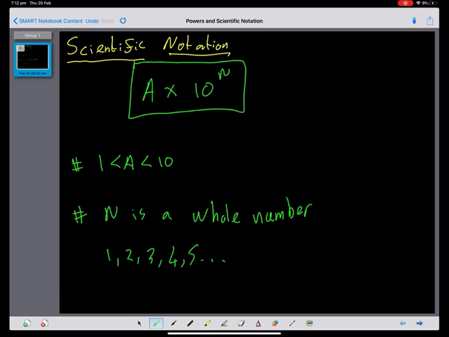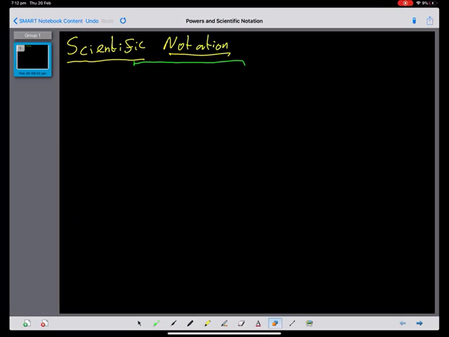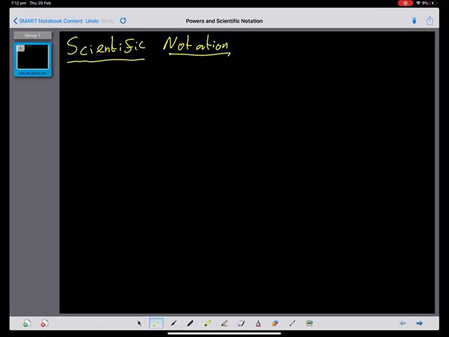Okay, so let's look at some examples. And this is a really good method of learning this. Instead of writing the formula down, which is useful, we can look at patterns. So let's look at some numbers.